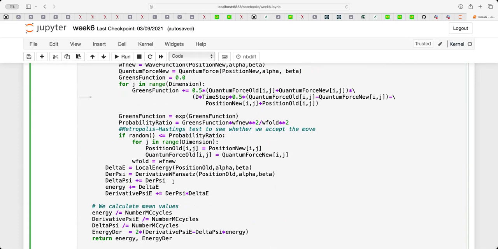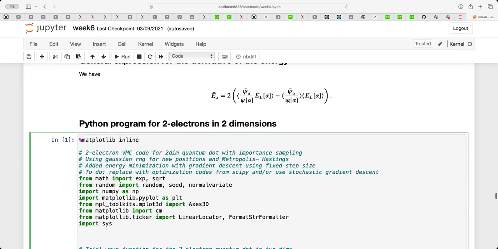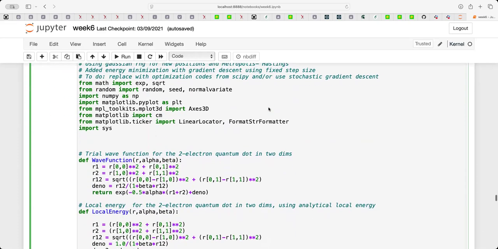And then you see now that I return the derivative with respect to psi here, which gives one of these integrals. And then I have the other integral for the energy. So this part and that part are the contributions to this integral and that integral. So these are 2 distinct integrals.